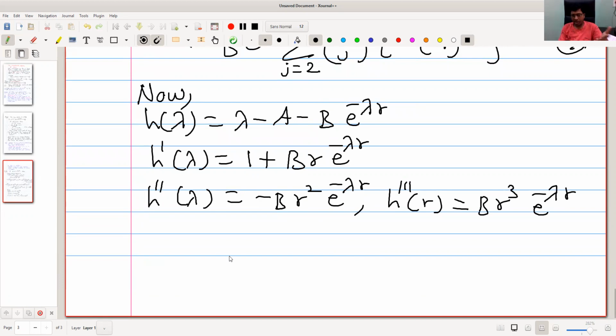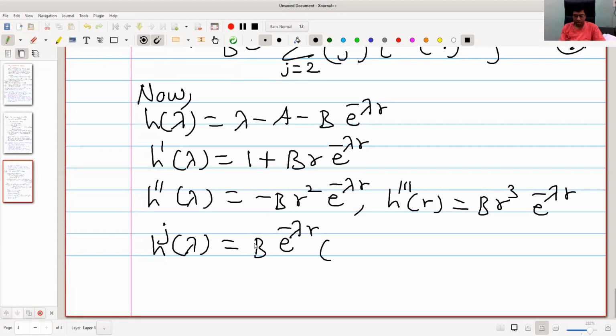So alternating plus and minus sign. So what will be the general thing? What will be h raised to j of lambda? If it is second derivative, then it is negative. Third derivative positive.